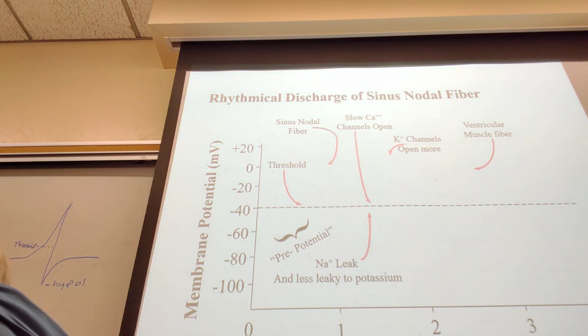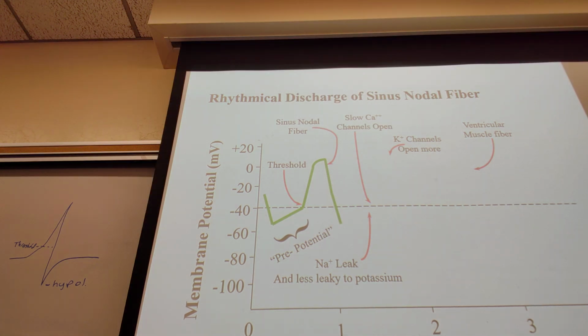In your homework packet, I believe, I ask you to map out the events of the specialized cell's action potential. We have the pre-potential. What causes it? Less leaky potassium leak channels and more leaky sodium leak channels. The upstroke.